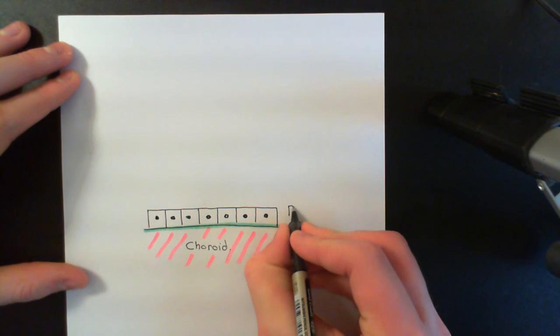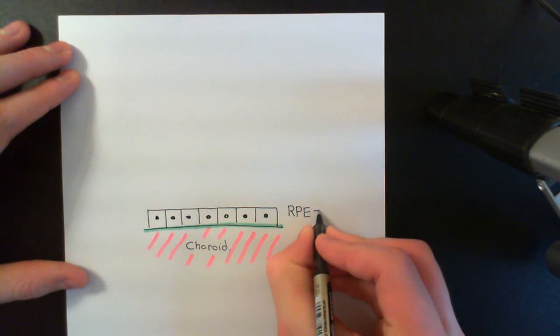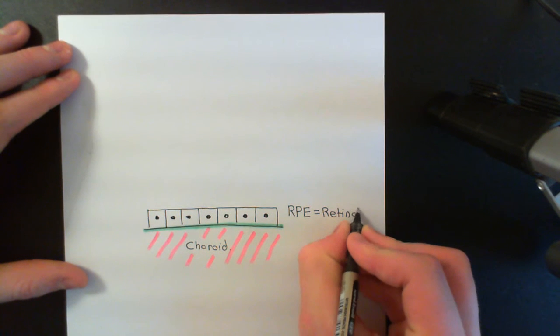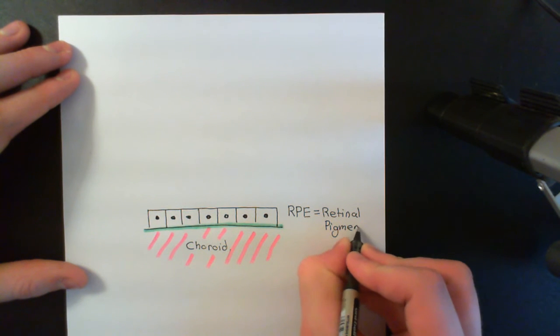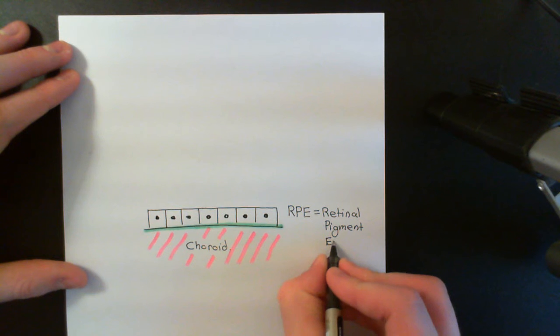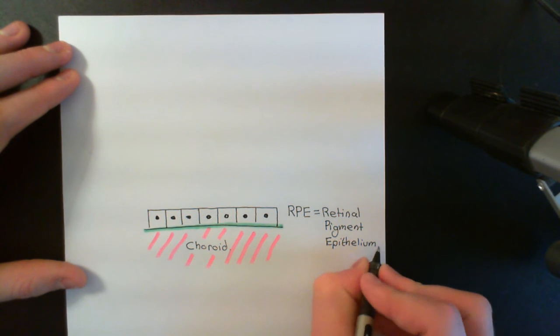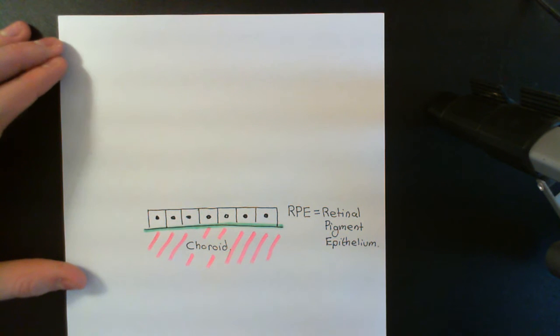So here we go, this is the retinal pigment epithelium then, often abbreviated down to the RPE, but I'll write its name out in full just once. So retinal, meaning pertaining to the retina, pigment epithelium. And it appears very dark, the retinal pigment epithelium, because of the fact that it absorbs light.